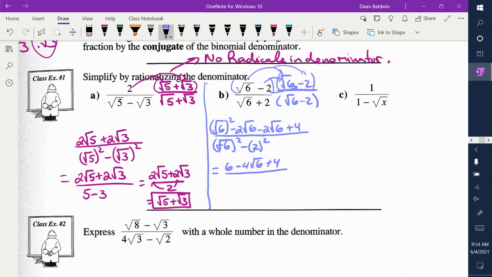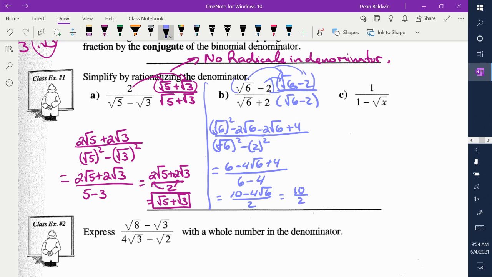What is the bottom? 6 minus 4. Right? Because root 6 squared is 6. 2 squared is 4. Yes, they do. The 6 and the 4 combined to give you 10. The bottom is 2. Then what should we do? Jackson. Divide it, right?